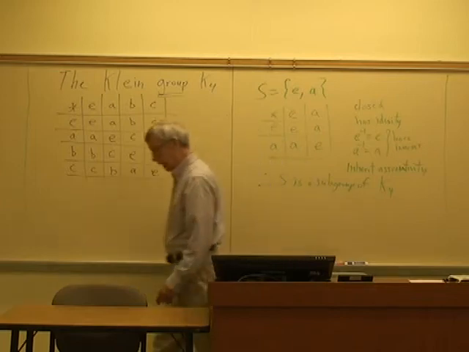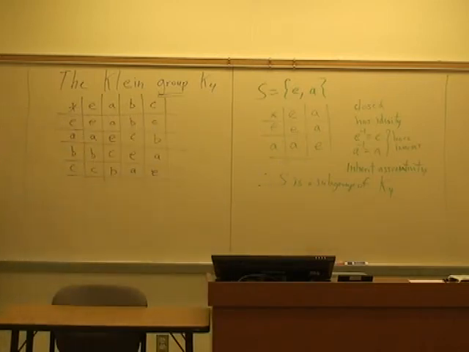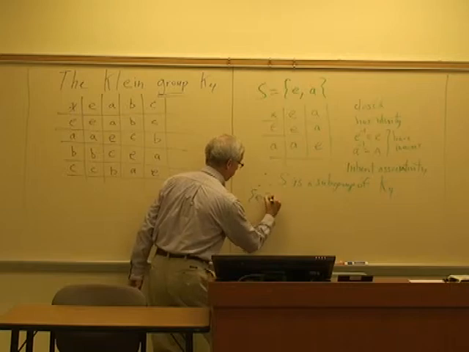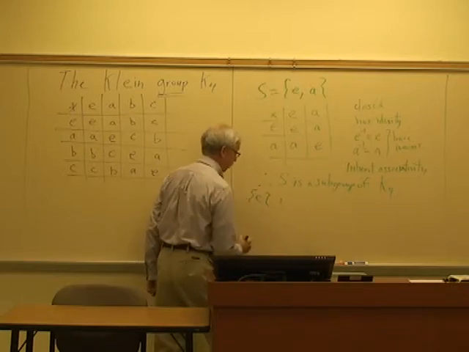Can you think of the smallest possible subgroup? Yeah, the identity by itself in any group is called the trivial subgroup.